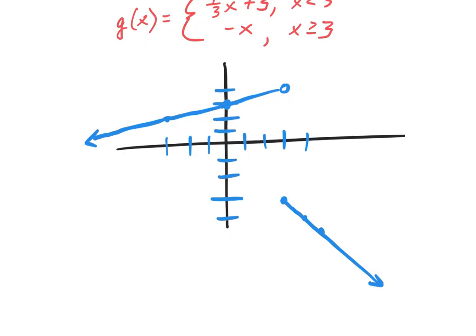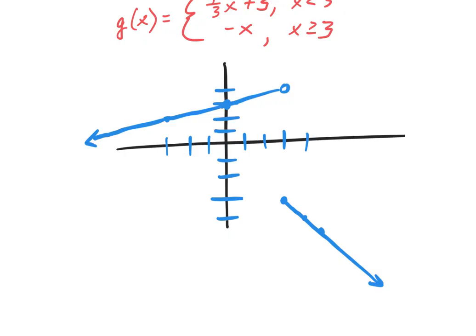As I move my pen across here, right here is the hard part, right? But at 3, this is an open circle, this is a closed circle. That's why this has to be an open circle, because it does pass the vertical line test. Anywhere that I move my pen or my vertical line across this graph, I'm only touching one point at any given time. None of the x values are repeating, okay? So that's why it's still a function.